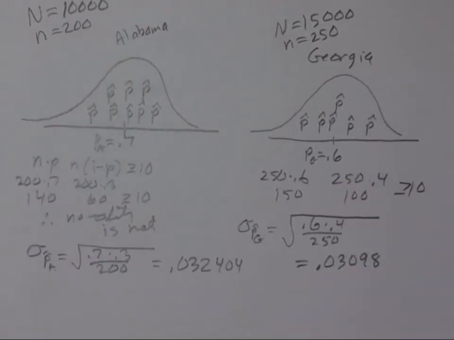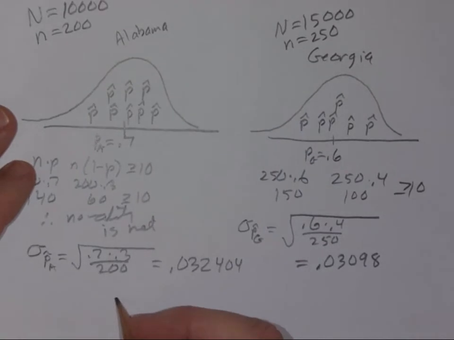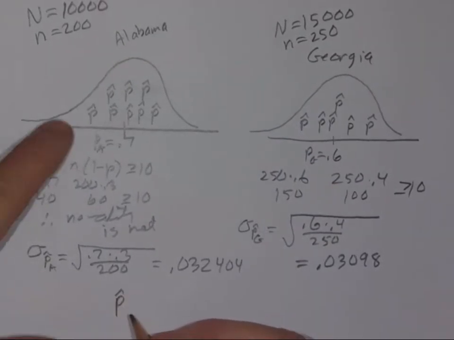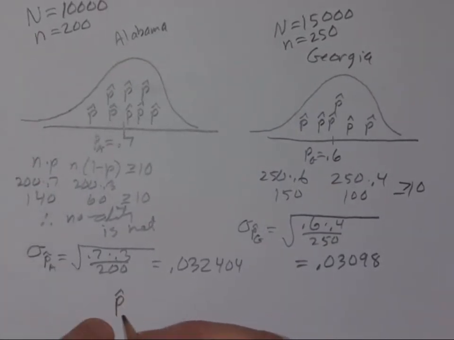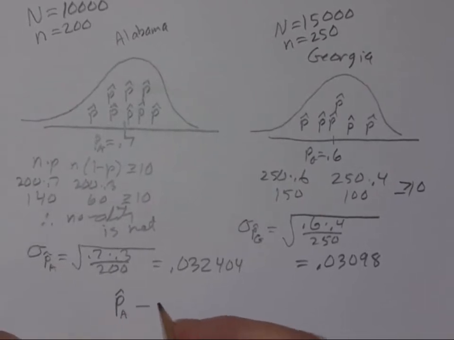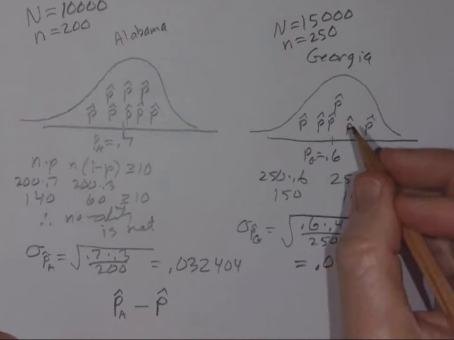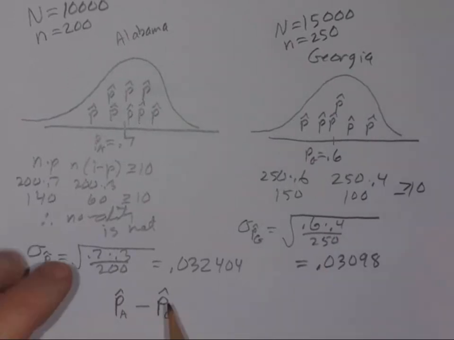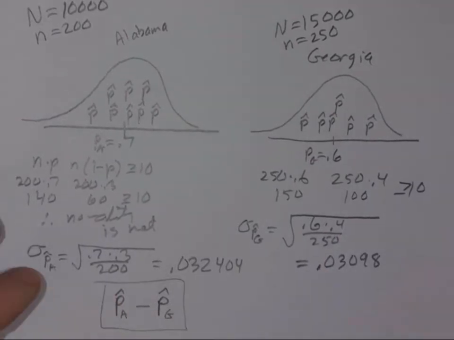Okay, so what we're doing now is we've got two different populations. We want to talk about the difference in the samples. If we were to take a sample from Alabama, a p hat from Alabama, and find a proportion of that sample of size 200, and if we were to subtract the one from Georgia, we're interested in this difference. We are frequently in the world of stats interested in differences.